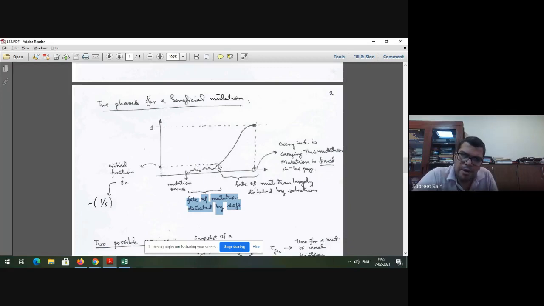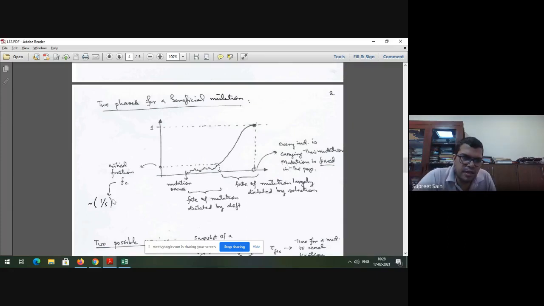But then in the second phase, when drift is largely irrelevant, the fate of the mutation is dictated by selection only. So for any beneficial mutation, these are the two distinct phases that a mutation goes through in a population. One dictated by drift, the other one dictated by selection. And if its frequency keeps on increasing, then we will reach a stage where every individual is carrying this beneficial mutation. And then we say that the mutation is fixed in the population.